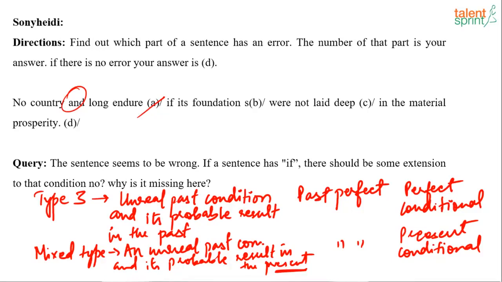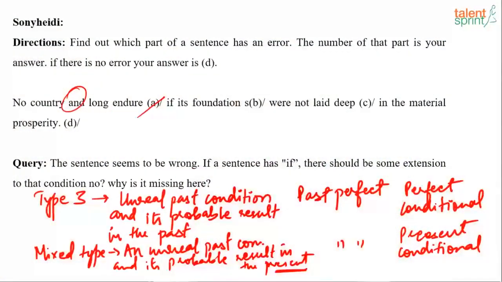If I were a bird, I would fly high. Yes, that is for type 2. Now type 3, let's look at a few examples. I hope type 3 and mixed type are clear to you. Type 3 uses an unreal past condition and its probable result in the past.